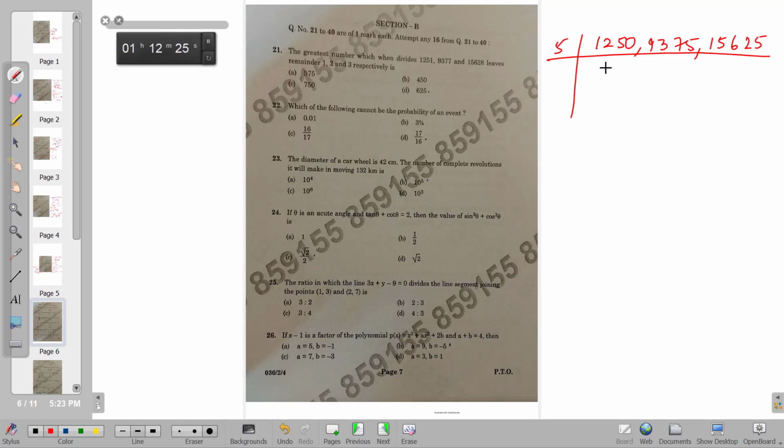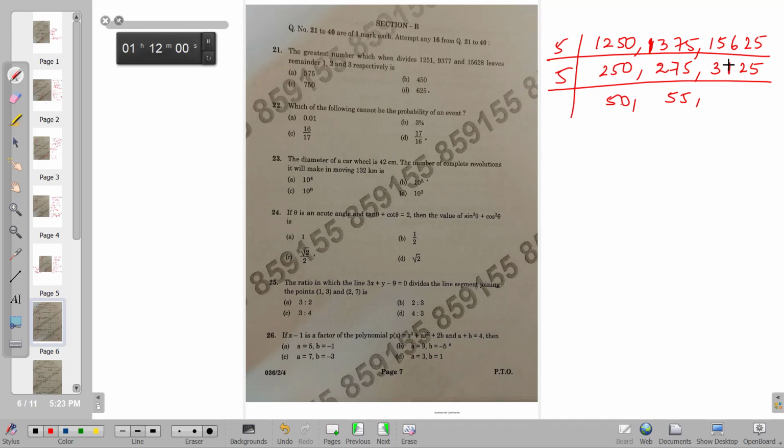So you're going to get 5 times 250. Okay, and this is 5 times 275. 5 times 3, 1, 2, 5. All right, again divide by 5, you would have 50. This is 5, 5, and then you're again having 3, 1, 2, 5.